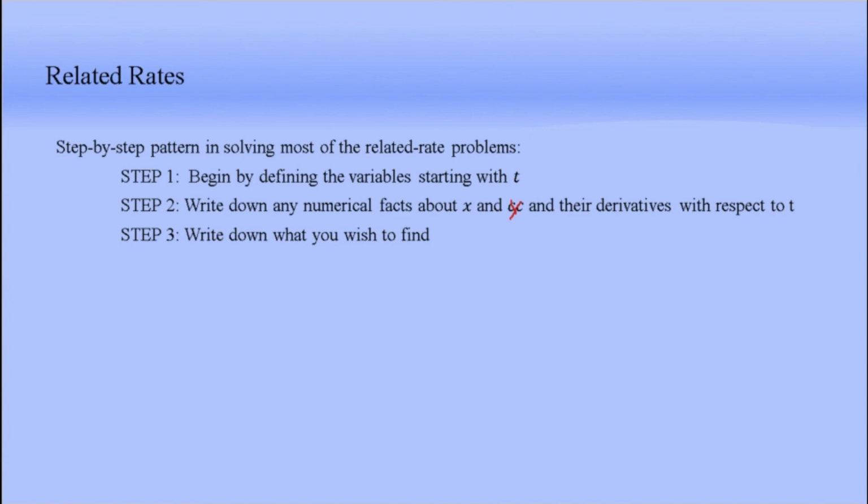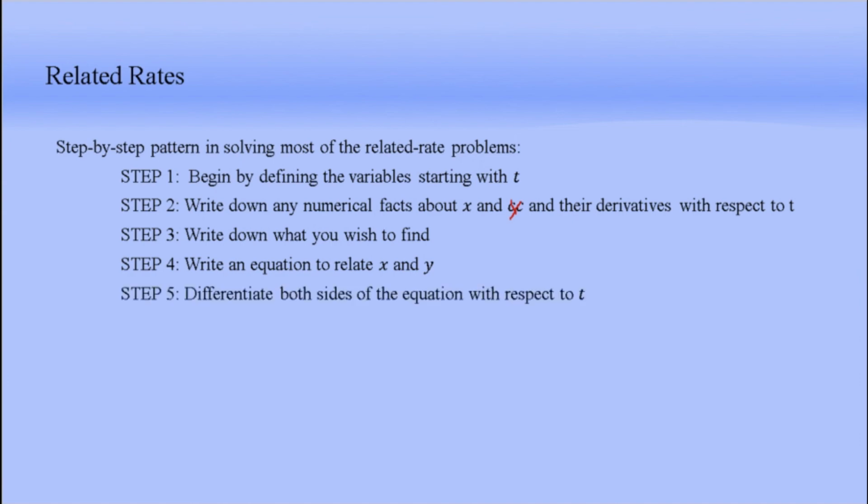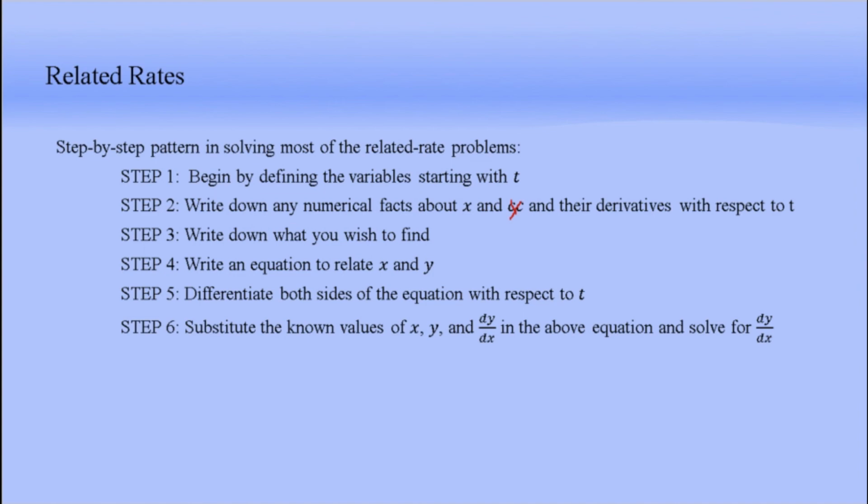Step 3, write down what you wish to find. Step 4, write an equation to relate x and y. Step 5, differentiate both sides of the equation with respect to t. Step 6, substitute the known values of x, y, and dy dx in the above equation and solve for dy dx. And then step 7 is write a conclusion.